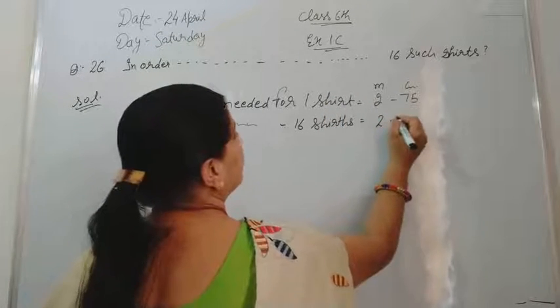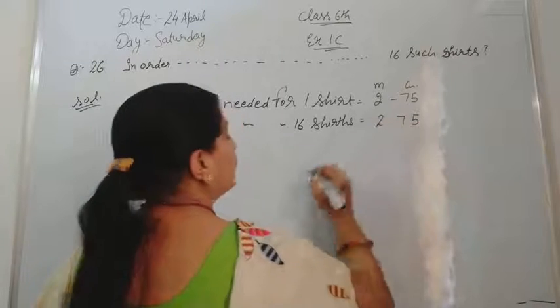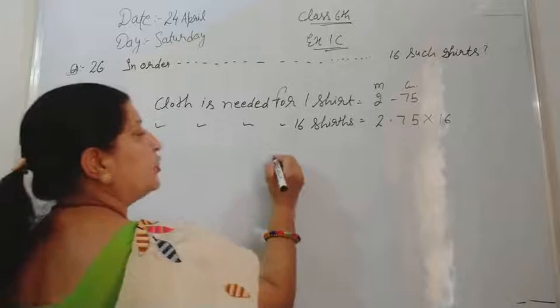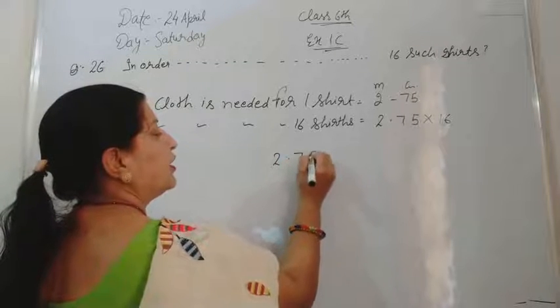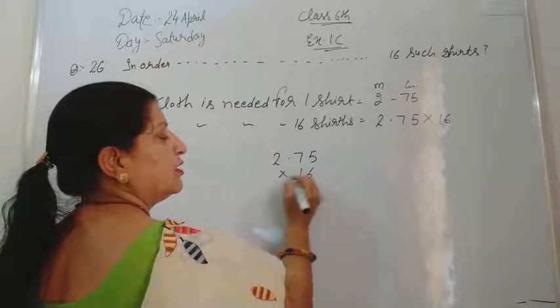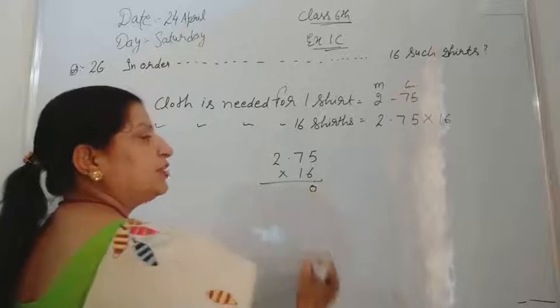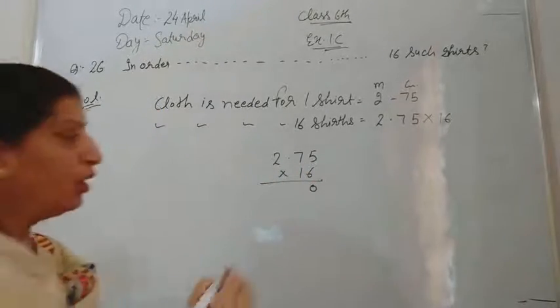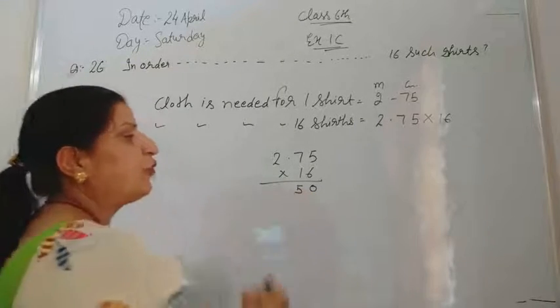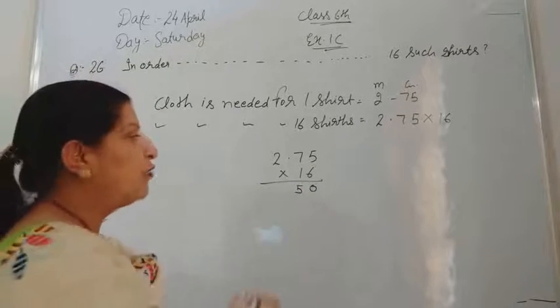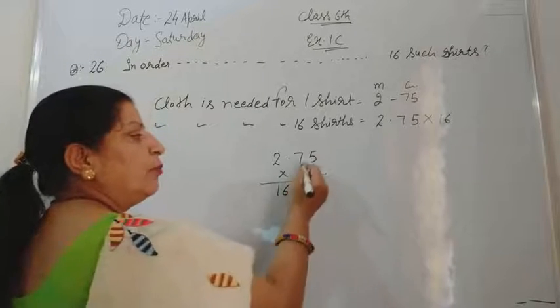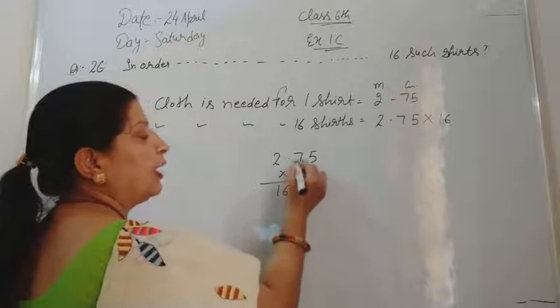We write this number like this: 2.75 multiplied by 16. After doing the multiplication, we get: 6 5s are 30, 3 carry, 6 7s are 42 plus 3 is 45, then 4 carry, 6 2s are 12 plus 4 is 16. Now multiply the number by 1.